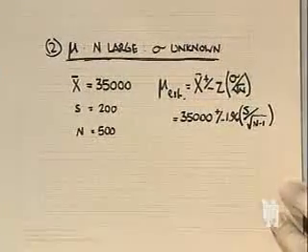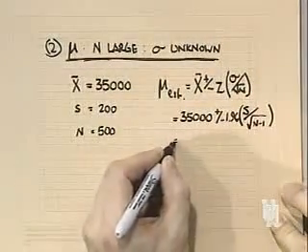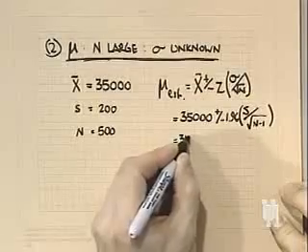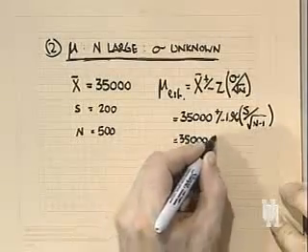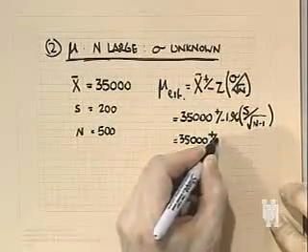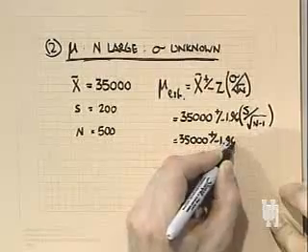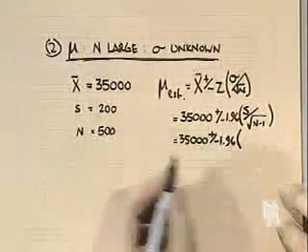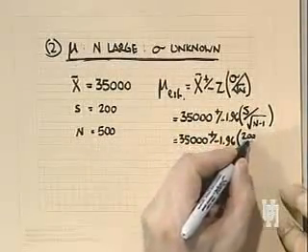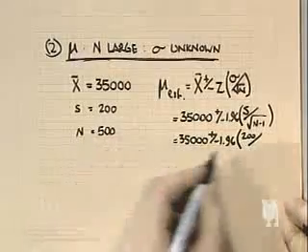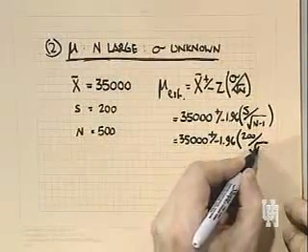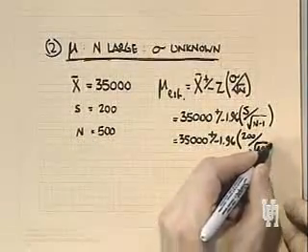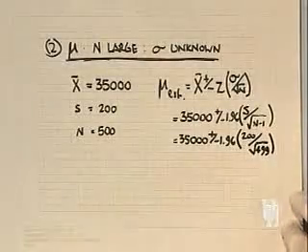So in this example, our estimate of mu is 35,000 plus and minus 1.96 multiplied by S, which is 200, divided by the square root of n minus 1, and n minus 1 is 499.